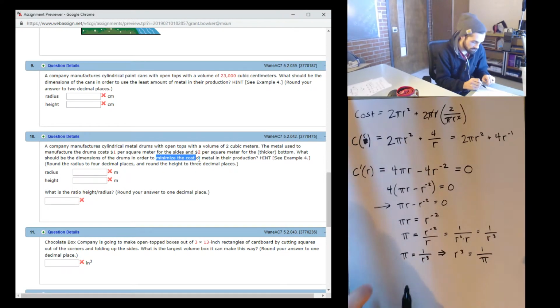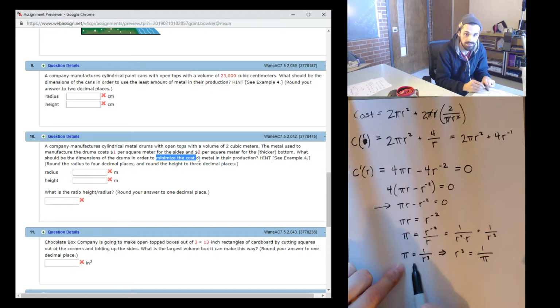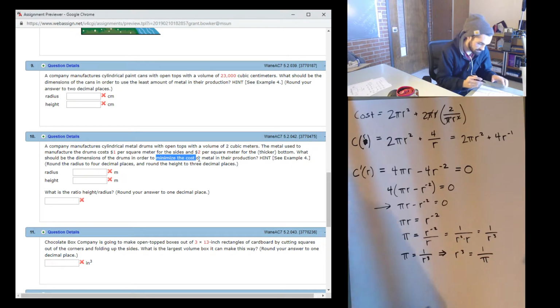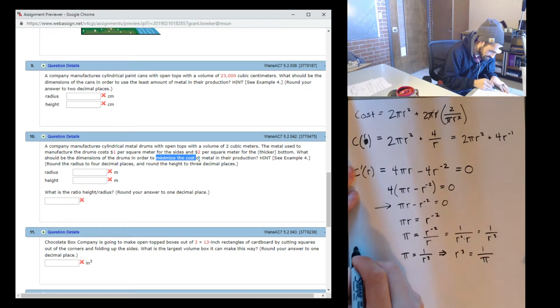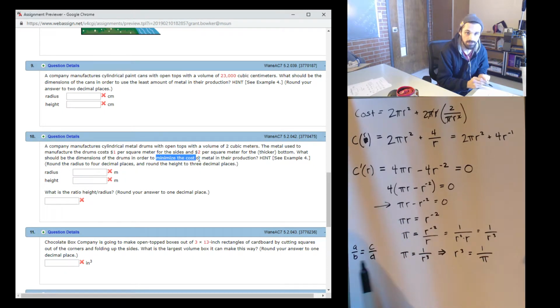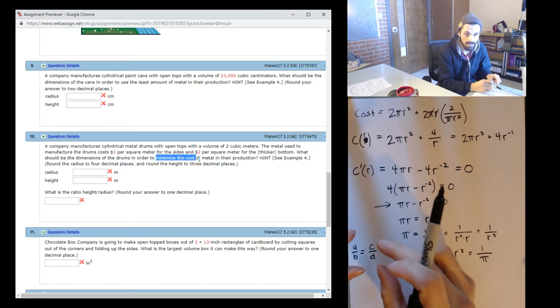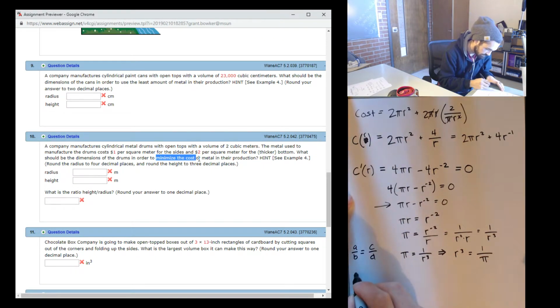A nice little quick way, if you have something like this, recognize that's essentially a over b is equal to c over d. If that's true, the top is equal to the top and the bottom is equal to the bottom. So if you ever have two fractions being set equal to one another, you can take both of those fractions and flip them to get b over a is d over c.